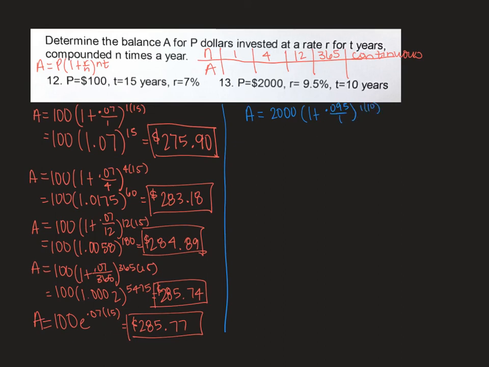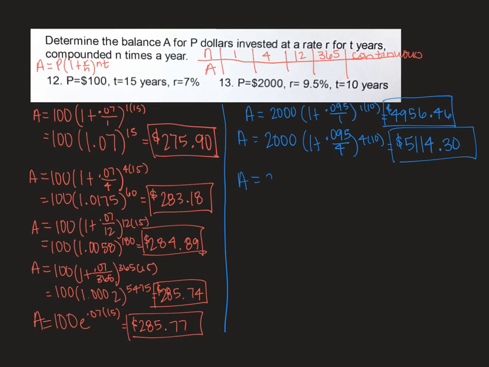So when I compound one time a year, I have 4956.46. 4 times a year gives me 5114.30. 12 times a year is going to give me 5152.11.